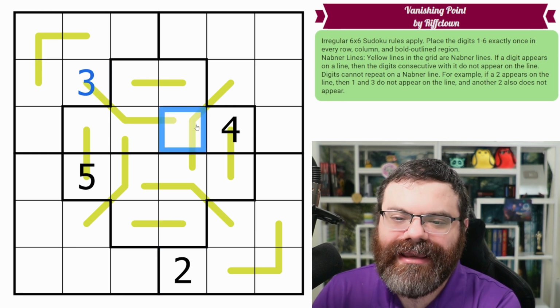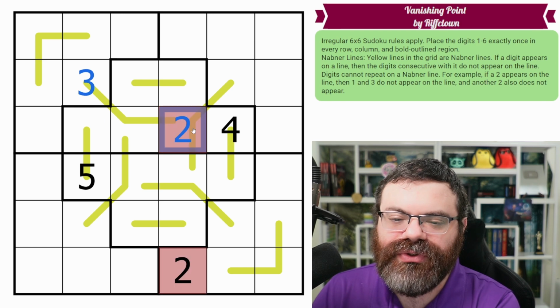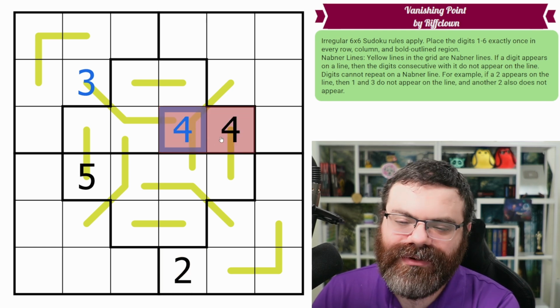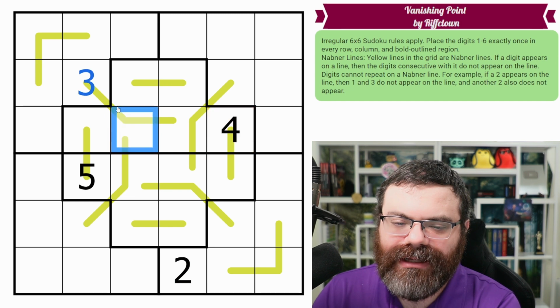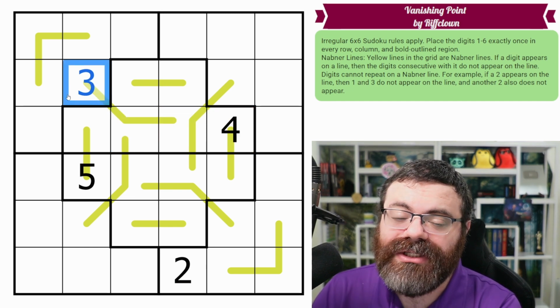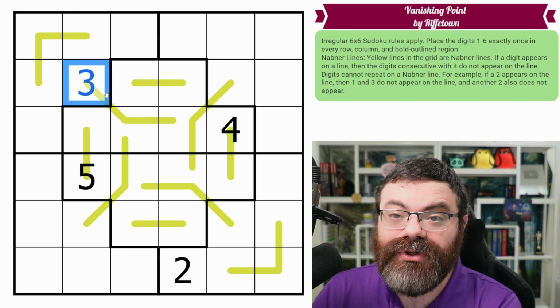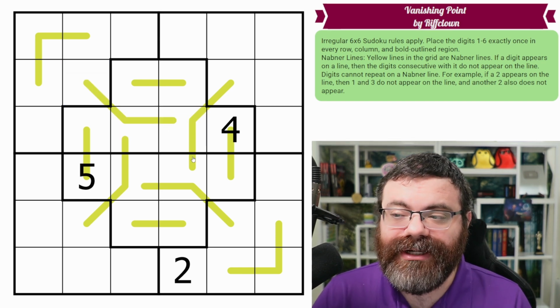If I put a 3 here, I can't put a 3 here because that would repeat the 3. But I also can't put a 2 or a 4 anywhere on the line, because 2 and 4 are consecutive with 3. So as soon as the 3 goes on there, it removes 2, 3, and 4 from the rest of the line. So hopefully that's clear.